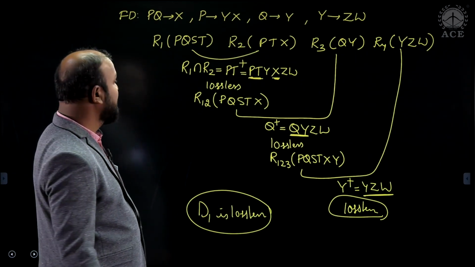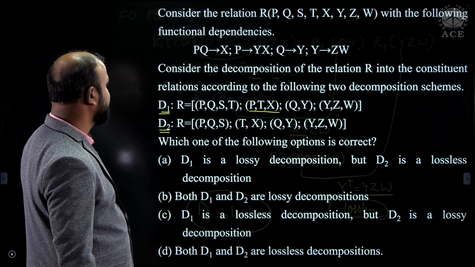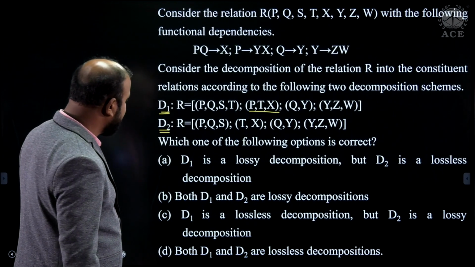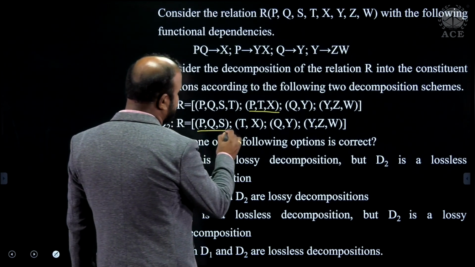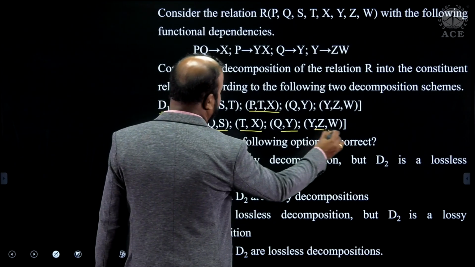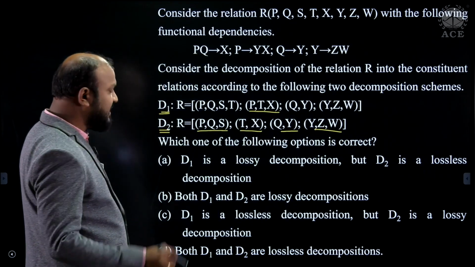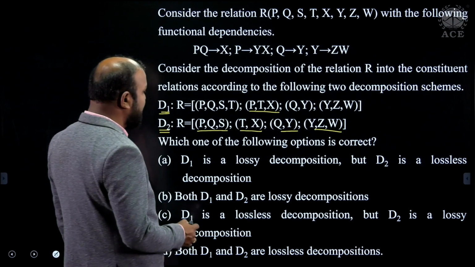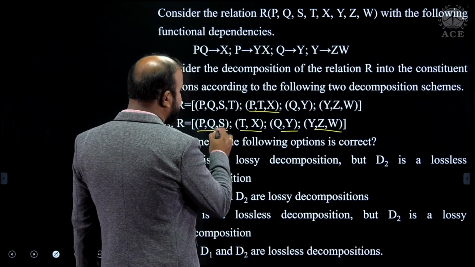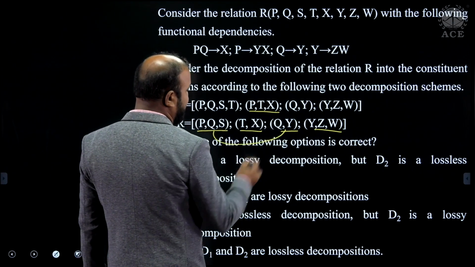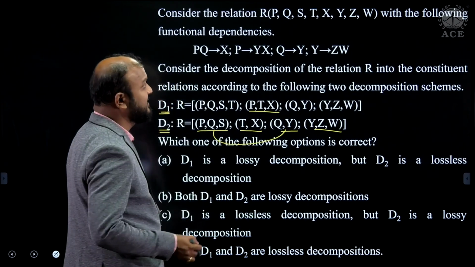Next, you check for D2. Now, what is D2? D2 will have PQS, TX, QY, YZW. Here you observe, PQS you can join with QY because Q is common.